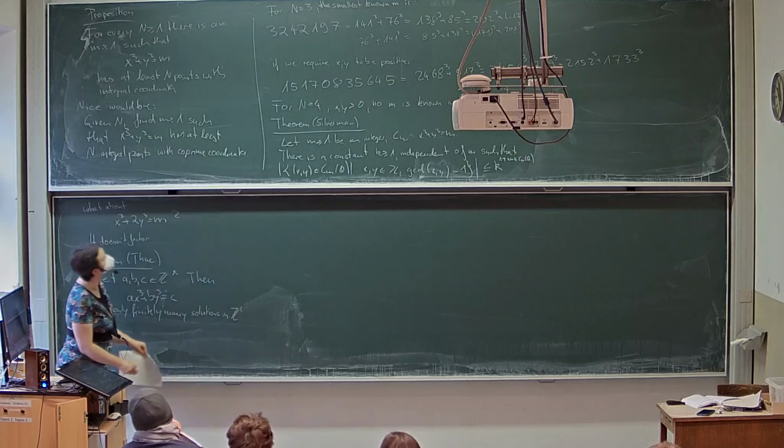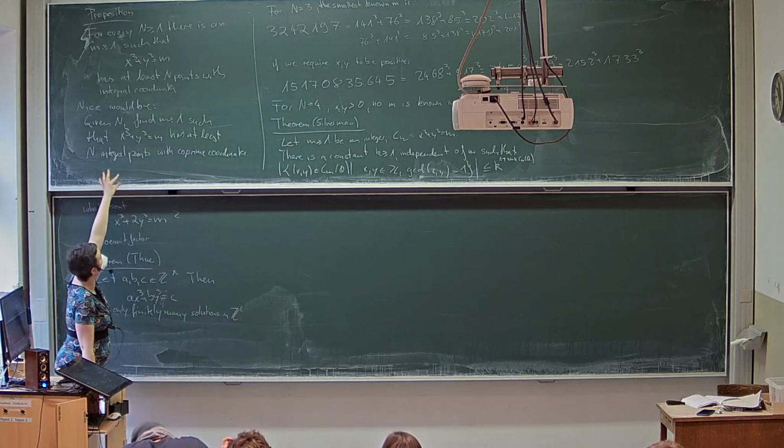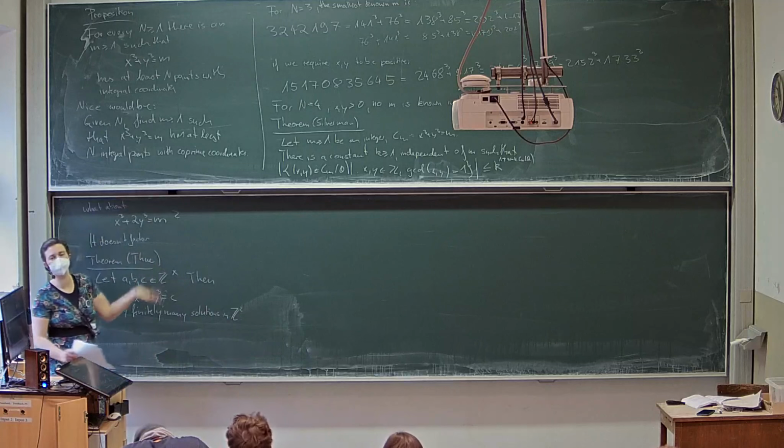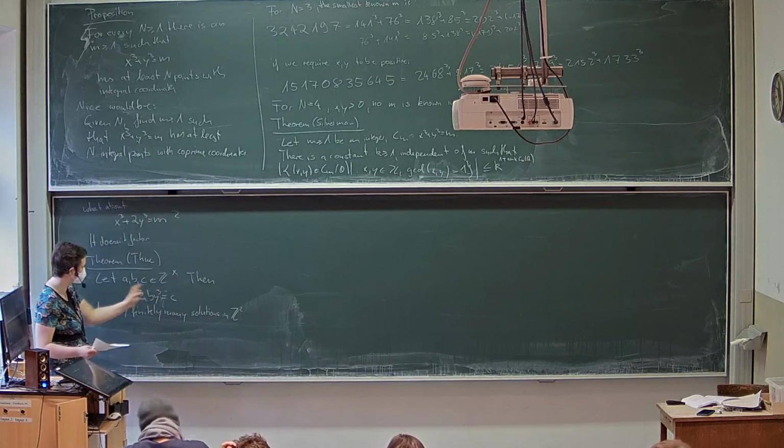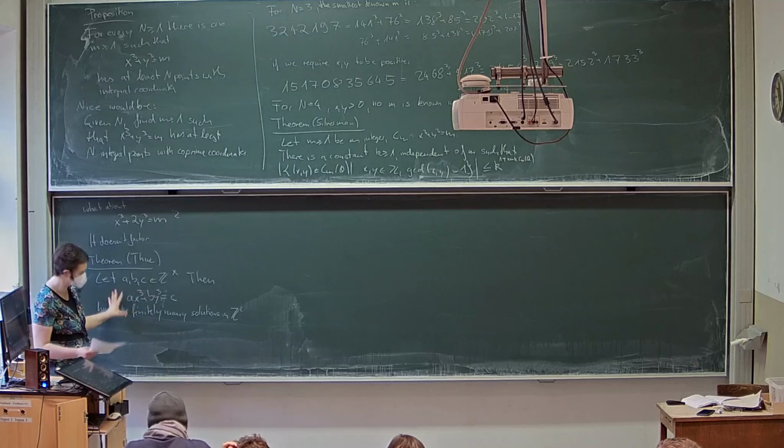So this is a bit more general than this with the factorization, but a bit less general than Siegel's theorem, because Siegel's theorem was general for any cubic, and here we have this specific form.